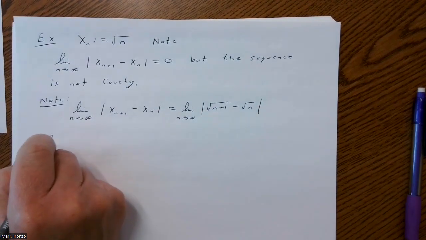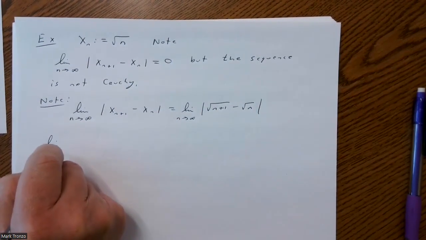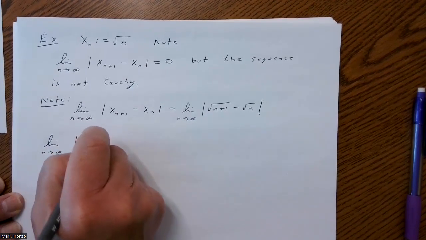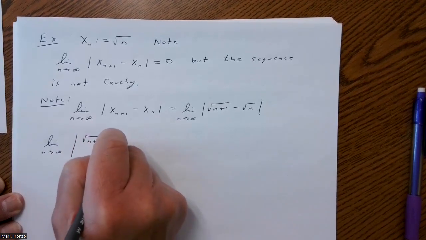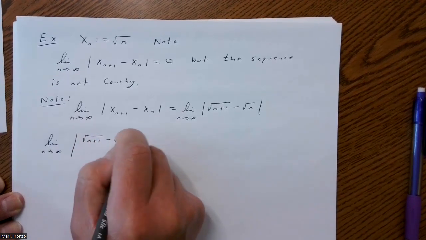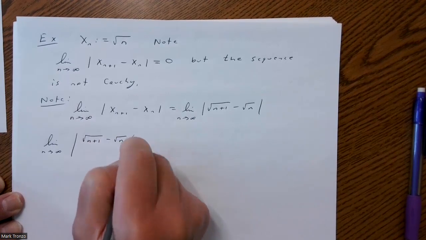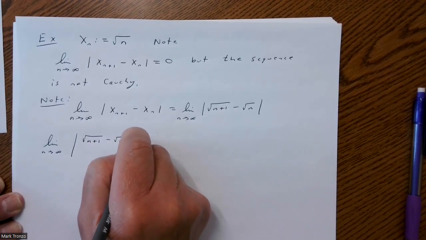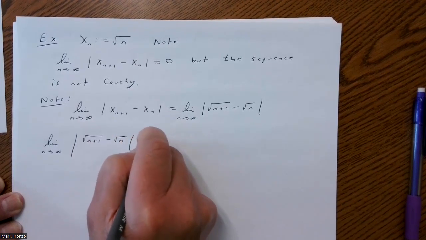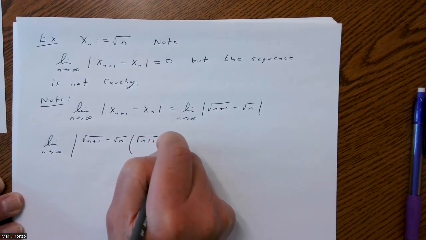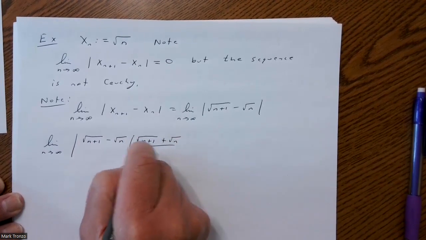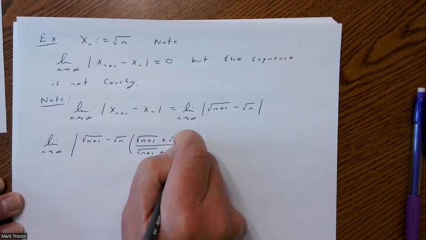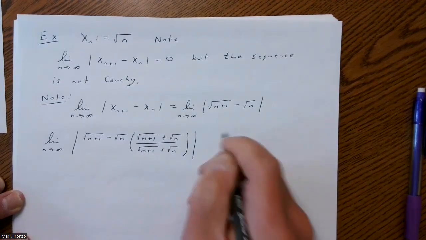And you remember from calculus, you would use the conjugate when you did these. You multiplied by the conjugate, which was the square root of n plus 1 plus the square root of n.